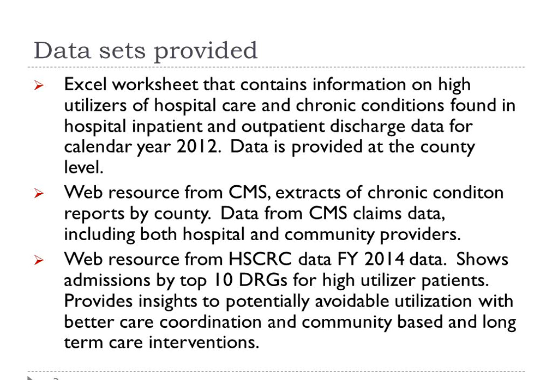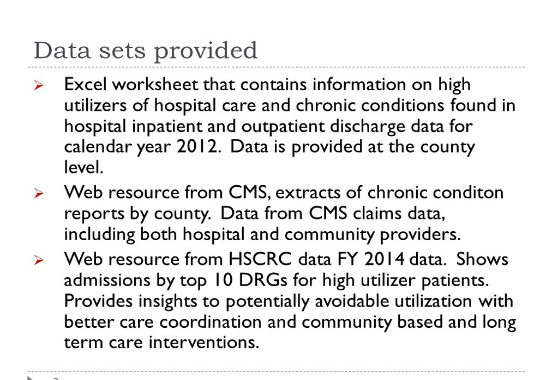The second set of resources are on the web, in a Tableau graphic table that you can look at. Those are extracts from the CMS chronic condition warehouse and their chronic condition reports by county.